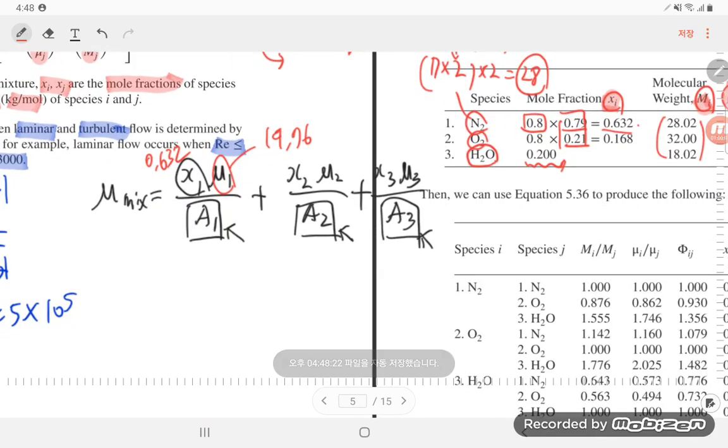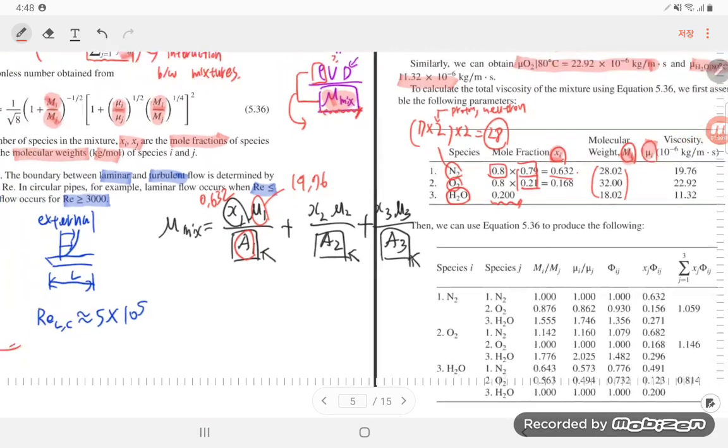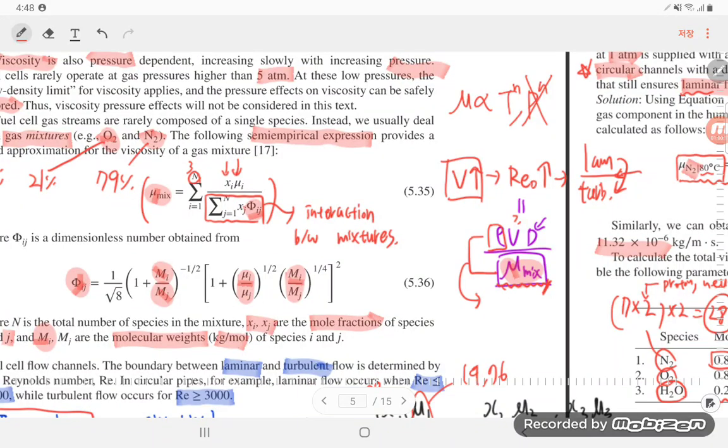And as a next step, we should get A1. So after you insert 1 in here, this is pi ij.